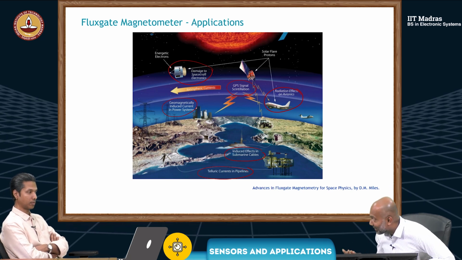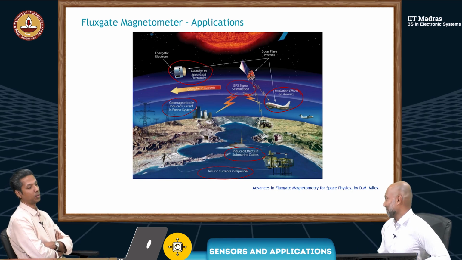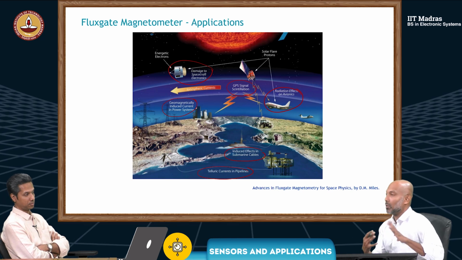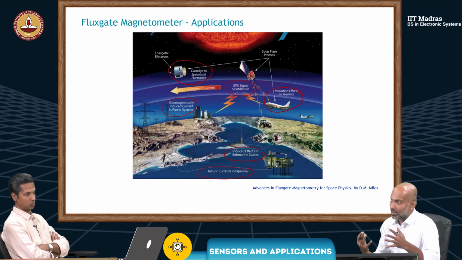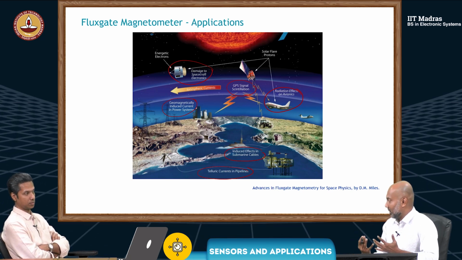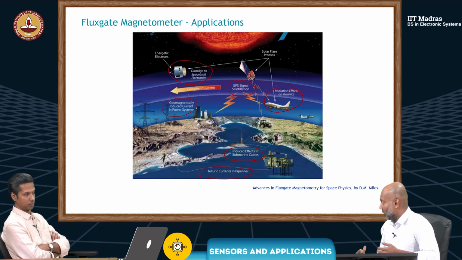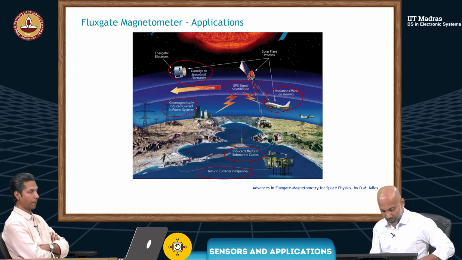And this is where your surge coil and Fluxgate magnetometers come into the picture, in the space application. We want to predict, and we want to get a very good idea of how these different types of magnetic fields work in the atmosphere. So to do that, we need the surge coils and Fluxgate magnetometers.